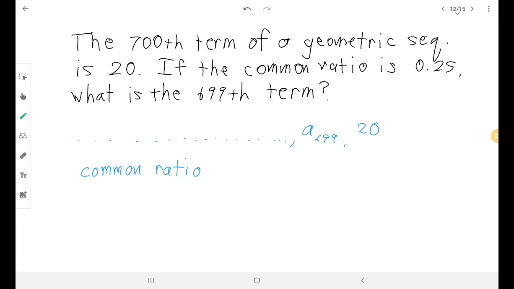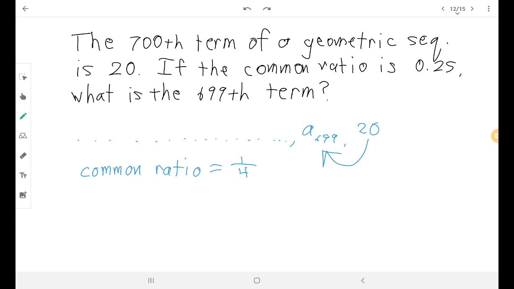The common ratio is 1/4. So to go from this one to that one, I multiplied by 1/4. So to go the other way, I just need to multiply by 4, right? So to go from here to here, I'll multiply by 4.